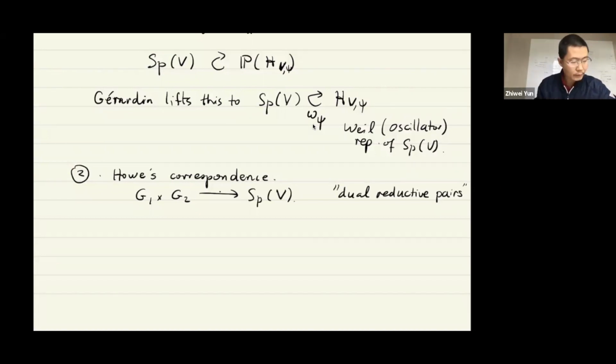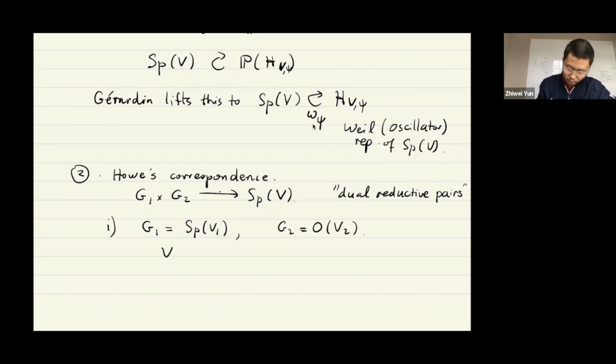There are three basic examples of such pairs. First is the symplectic orthogonal pair. You take a symplectic vector space V1 and you take an orthogonal space V2 and you consider their respective automorphism groups.